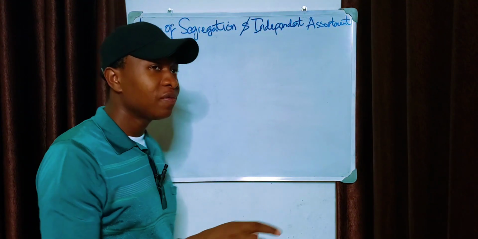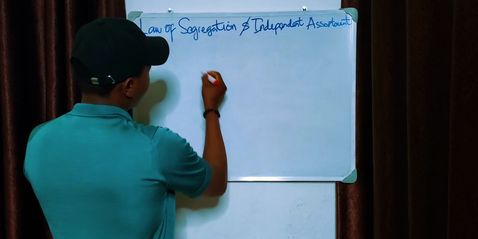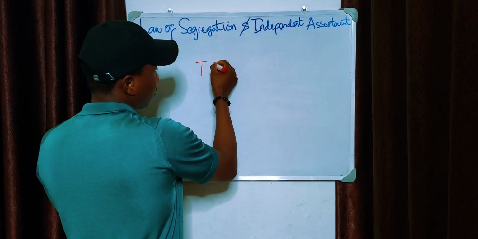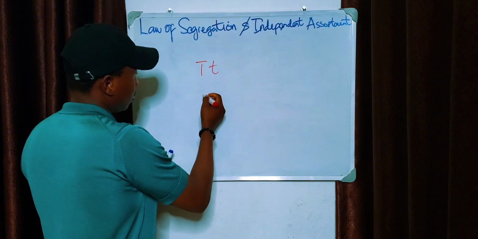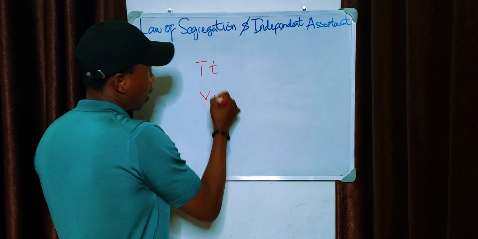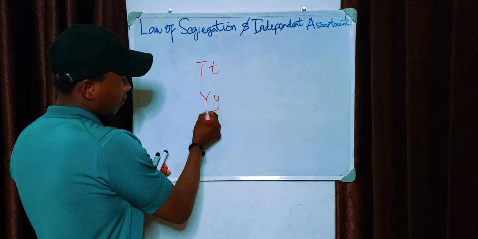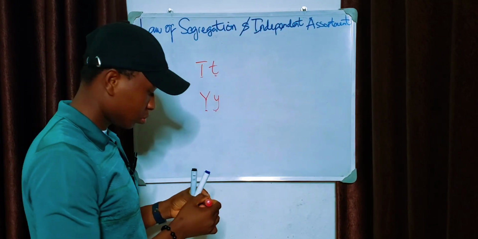In this case, we'd have to use two characteristics. So let's assume height and color. Let's say yellow and white. So this stands for yellow, this stands for white, this stands for tall, this stands for short.